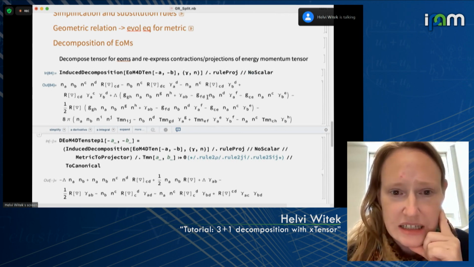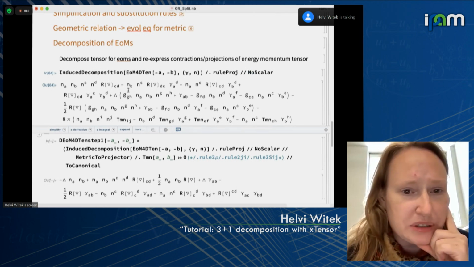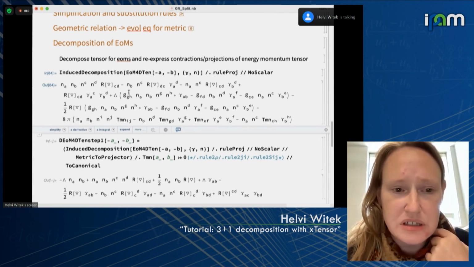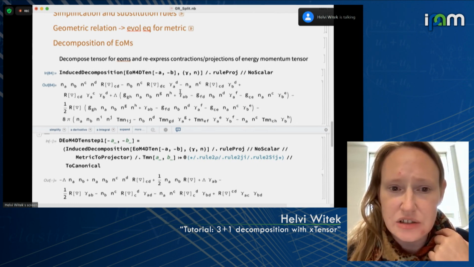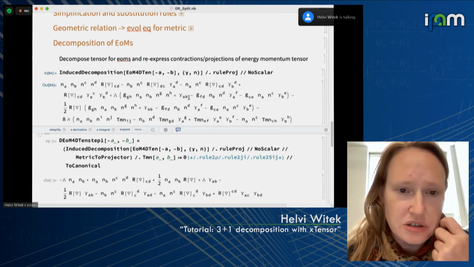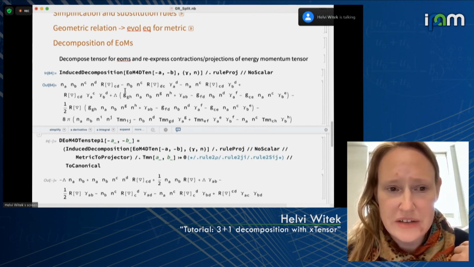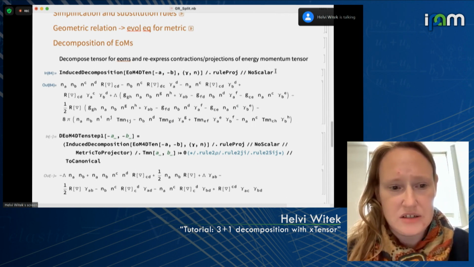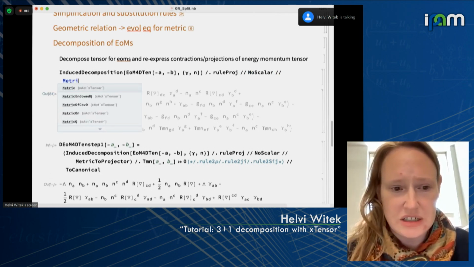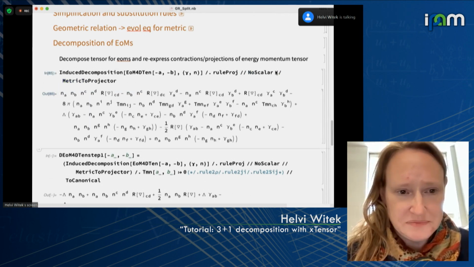And then we see, for example, if we compare these expressions here, that we still have both the four-dimensional metric and the induced metric. So I want to focus on one of them. So I will replace, whenever I see this metric, the four metric here, with a relation to the induced metric and the normal vector. And that's what I can do with this metric to projector.